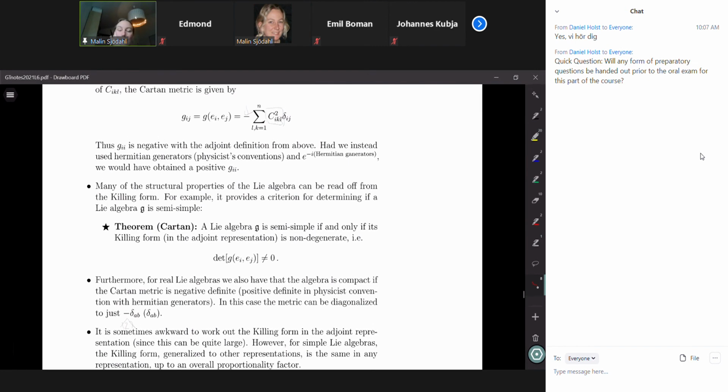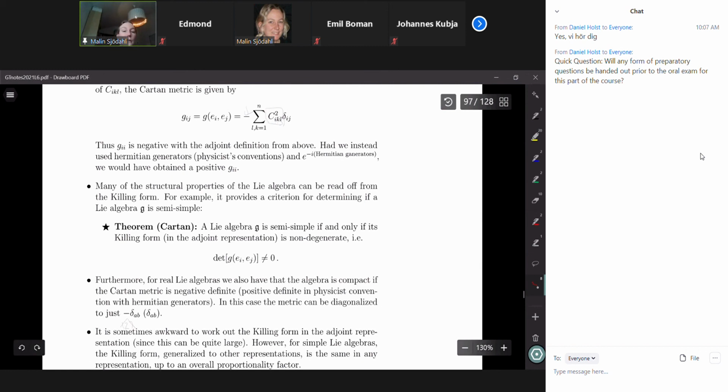The point of defining this, aside possibly from using scalar product intuition, is that we need it for classifying Lie algebras, because it turns out that many of the structural properties of the Lie algebras can be read off from the Killing metric.